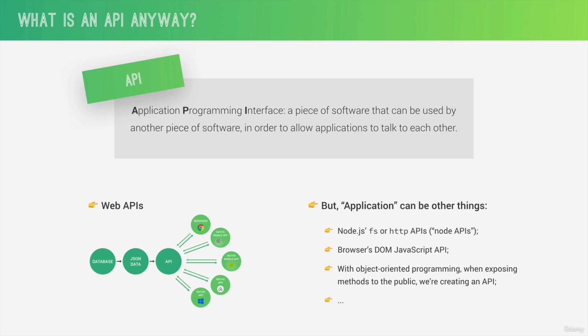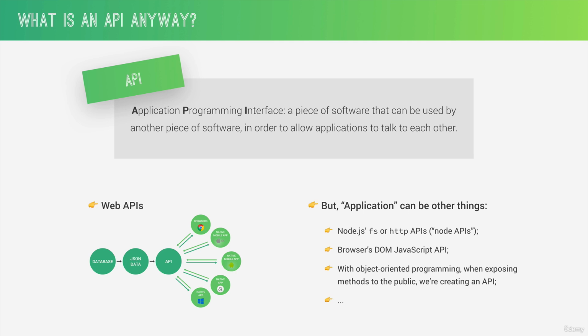Or when we do DOM manipulation in a browser, we are not really using the JavaScript language itself, but rather the DOM API that the browser exposes to us. Or even another example, let's say we create a class in any programming language, like Java, and then add some public methods or properties to it.